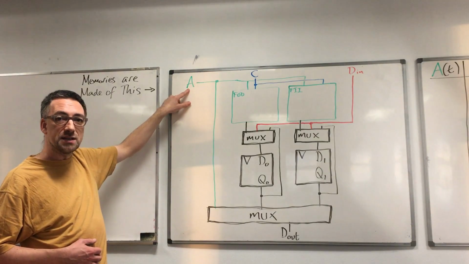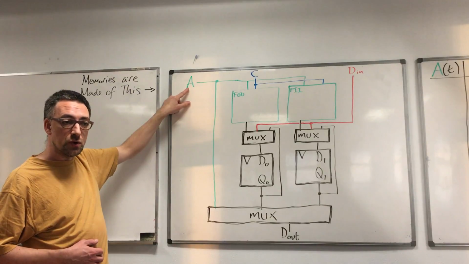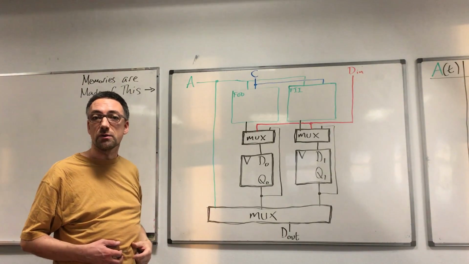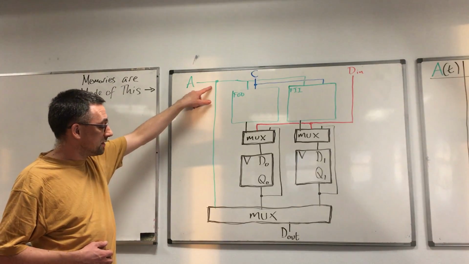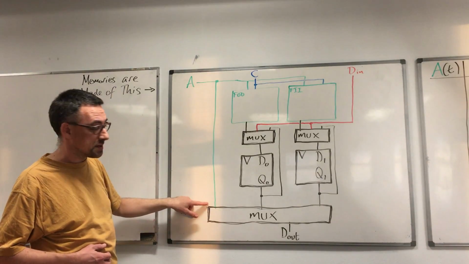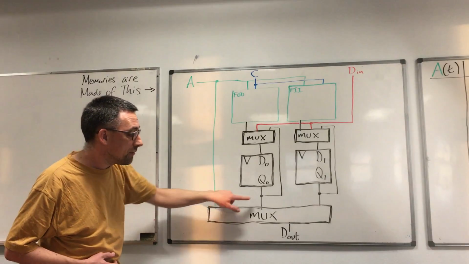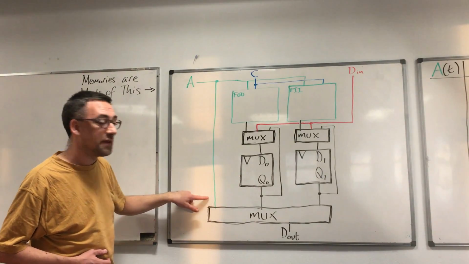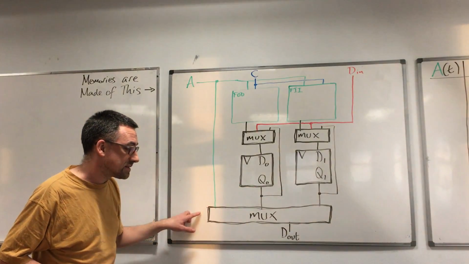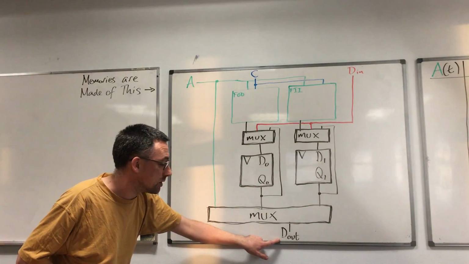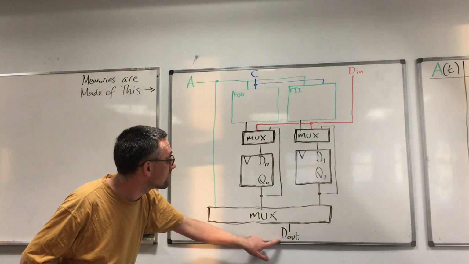An address is a pointer to one component of a memory that we wish to access, either by reading or by writing. And we can see that this address line controlling the mux selects whether to read Q0 if A is 0 or Q1 if A is 1. The selected signal will end up going to the data output.